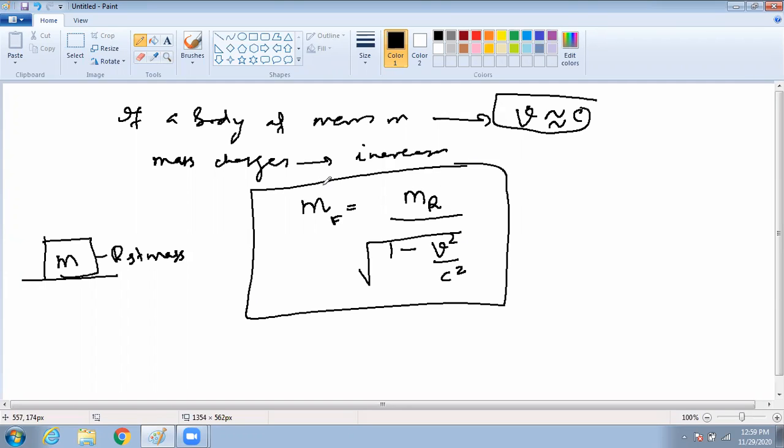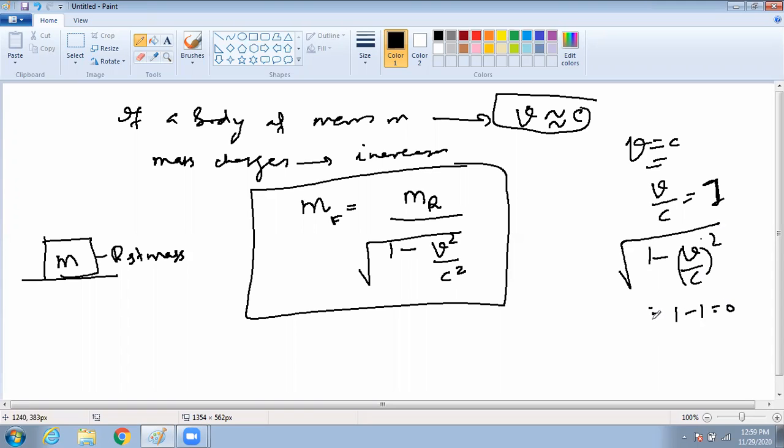Now you'll say, how is the mass changing? Let's say V is equal to C. When V equals C, V by C is 1. Then 1 minus (V by C) whole square is 1 minus 1, equal to 0. The root of this is also 0.